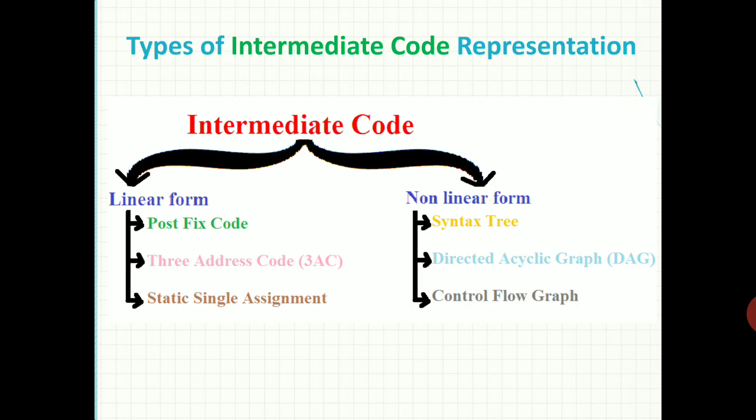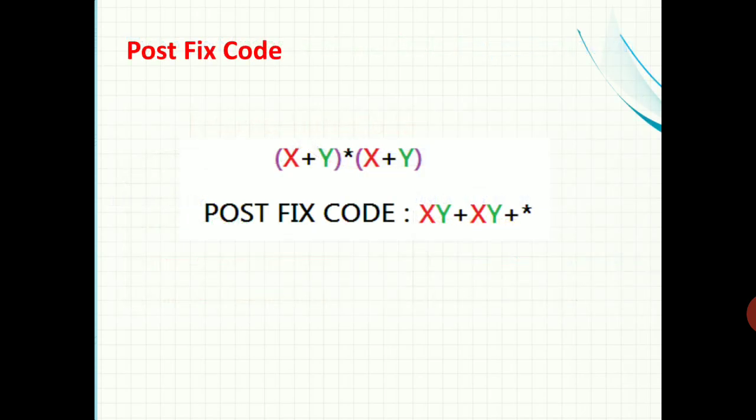For that, first you will see the PostFix code. You are all familiar with this code. In the PostFix code, the operator is placed at the rightmost end of the expression, based on the precedence or priority of the operator.